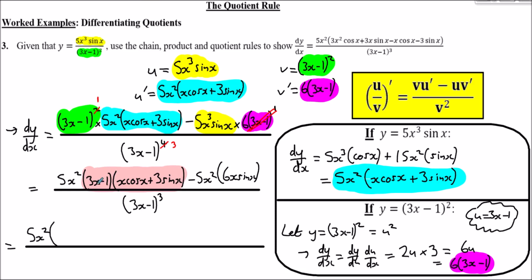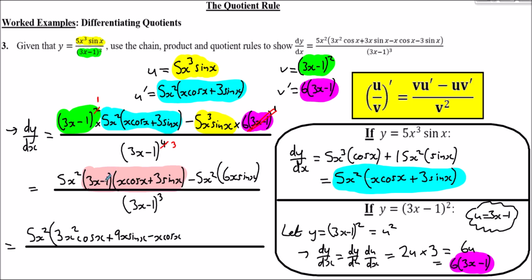So 3x times x cos x gives us one term of 3x squared cosine x. Then multiplying the 3x by the 3 sin x will give us 9x sin x. Then minus 1 times x cosine x is just minus x cos x.